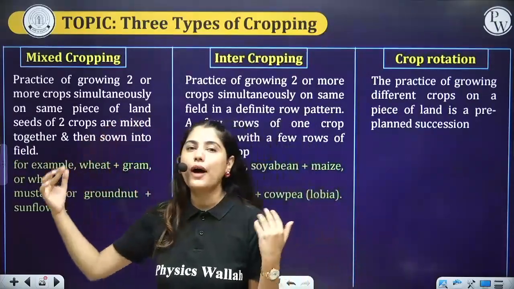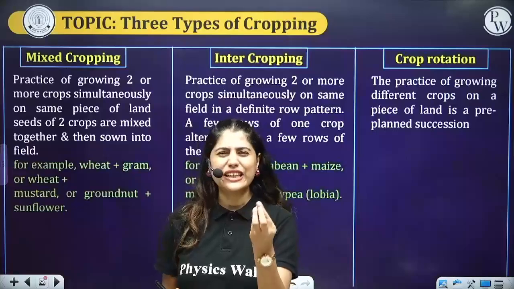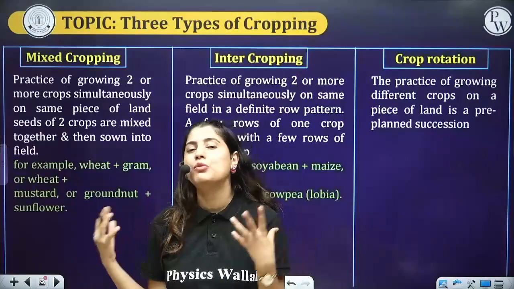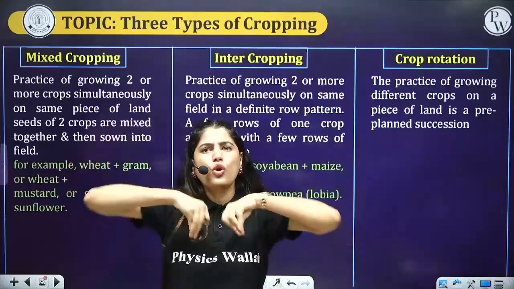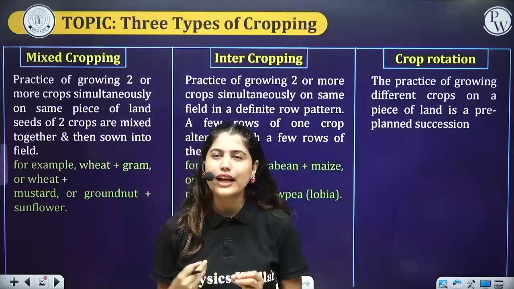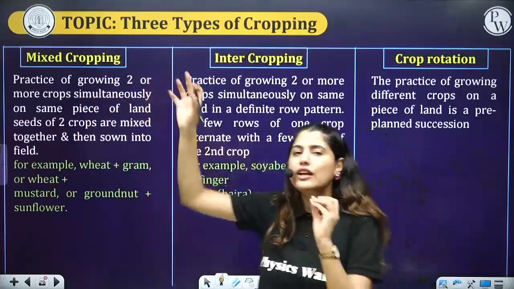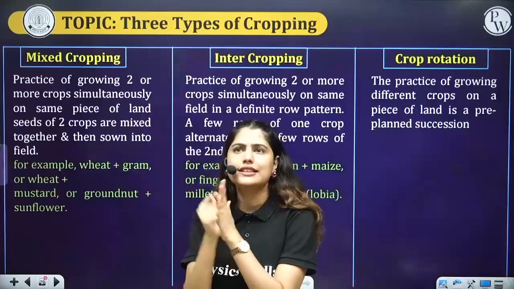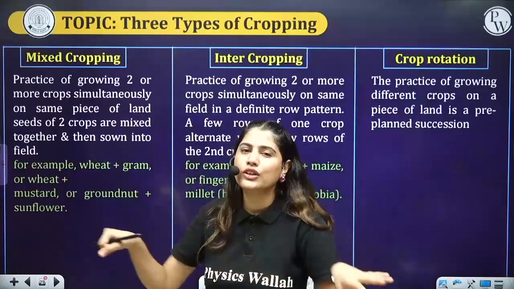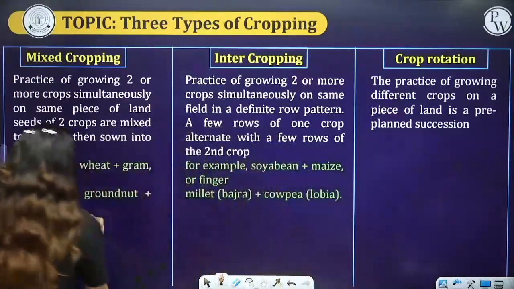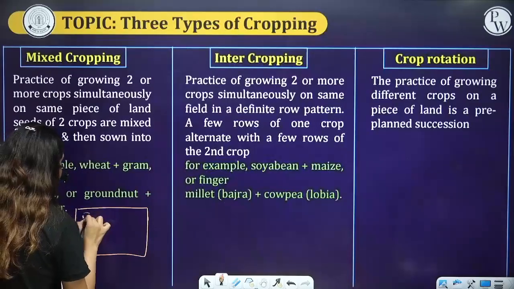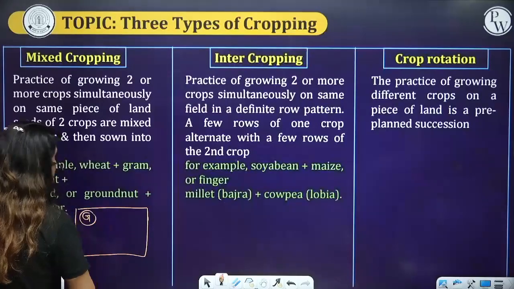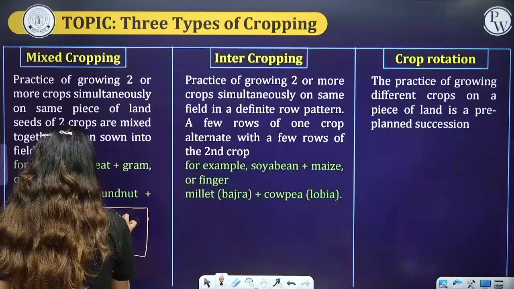If we talk about the mixed cropping, let's say you have taken 2 seeds or maybe more seeds and you have mixed their seeds and then you have sown them into the soil, right? That is why the name mixed cropping. Let's say this is your land, right? In this you have grown maybe gram is there, right? Or maybe wheat is here.